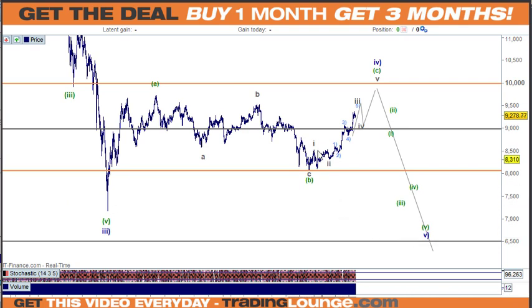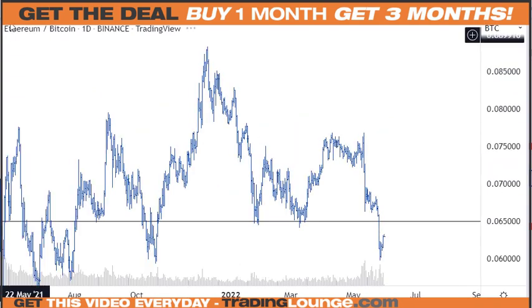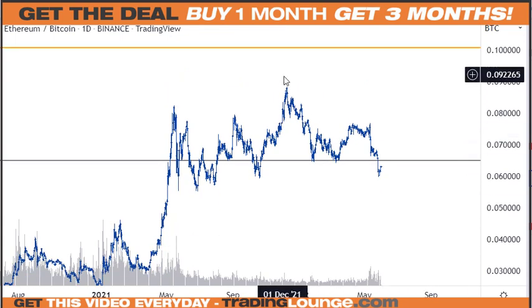Now, Bitcoin is much the same as this. Ethereum is weaker, and it's taken out this particular low here. And we can have a look at the Bitcoin ETH cross. So this is a daily chart. This is Bitcoin and ETH. So when you've got the BTC in the front, that's dominating the primary count, so to speak. So we're seeing Bitcoin push up against ETH. If we were looking the other way around and looking at ETH in front here, we can see that it's sort of under pressure here.